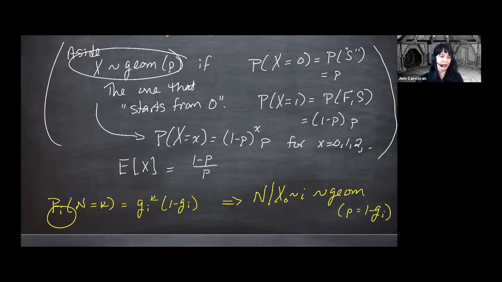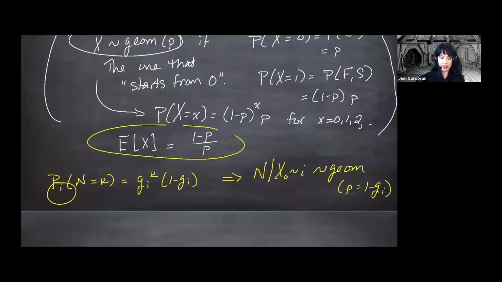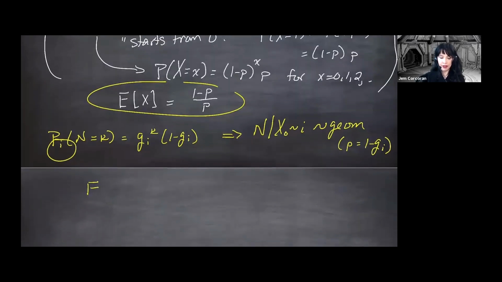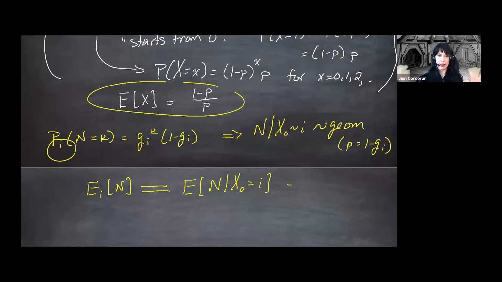So the geometric distribution is really something people should know. Shoot me an email and we can get together and talk about it if you need more refreshing on that. Now I also know the mean. The expected value of n starting from i is supposed to be 1 minus p over p, but our p is 1 minus gi, so this is gi over 1 minus gi.